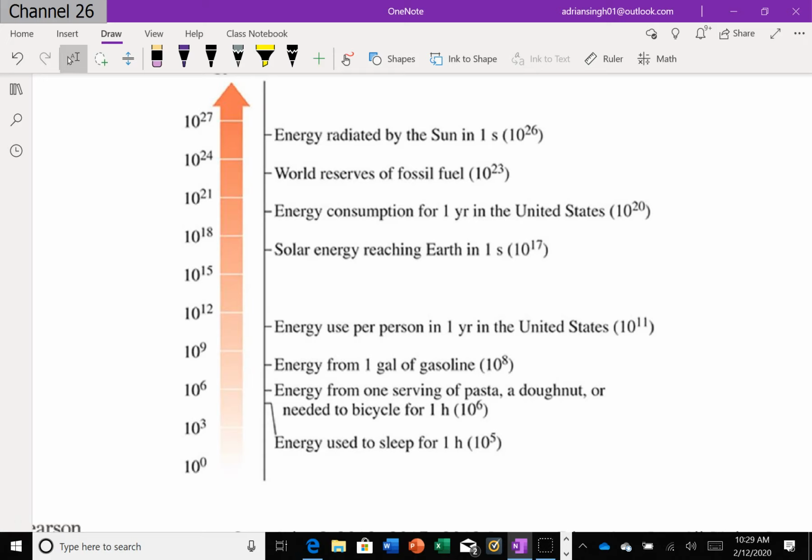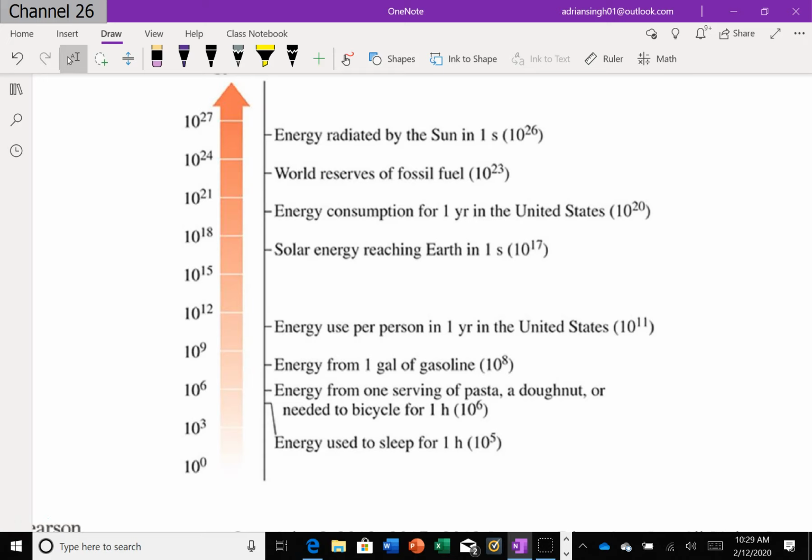So the world reserves of fossil fuel, based on what we know right now, is about 10 to the 23 joules, right? So 1 and 23 zeros. That's a huge number, a huge amount of energy that we can tap into. But look at the thing right above it.